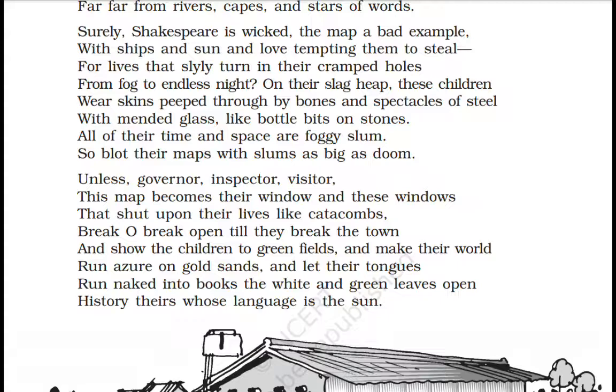With ships and sun and love, tempting them to steal for lives that slyly turn in their cramped holes. So Shakespeare, who is an example of literary excellence, and the map which shows the whole world, which shows the beauty of the whole world, they are just in contrast to the lives of the children.